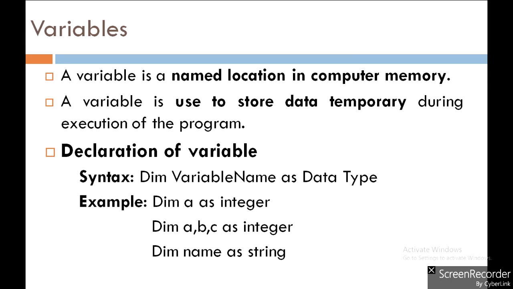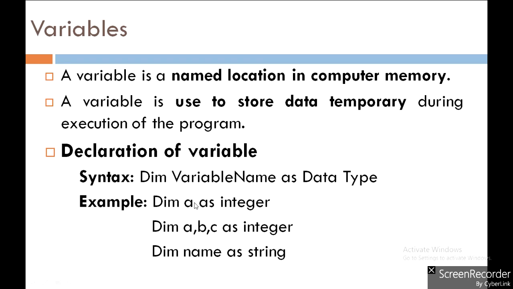Now, declaration of variable. Here, the syntax is Dim, then variable name As data type. For example, I declare a variable a with integer, then I have to write Dim a As Integer.